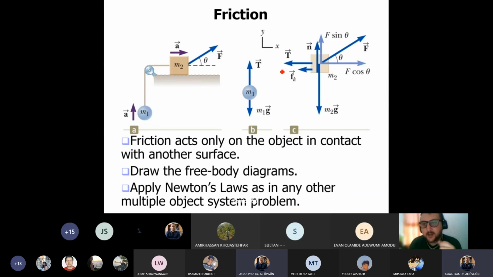For the second object, gravitational force downward, normal force upward, and there is an external force F at an angle theta, and you must take the X component and Y component of this force. Also there is a tension to the left, and a kinetic friction force opposite to the motion, in the direction of the left. After you draw the free body diagram, you can solve the problem.